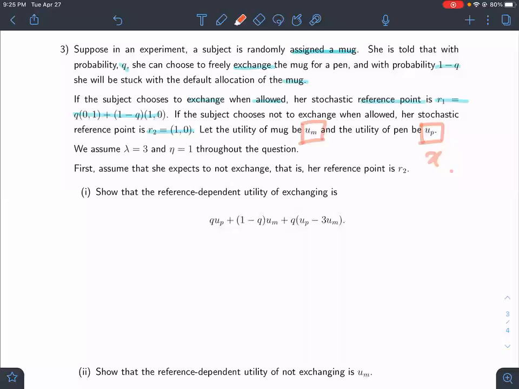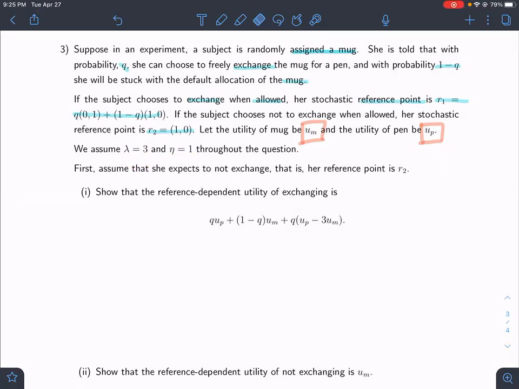But now you're not getting dollars. You're not selling it. You're just trading with the pen. And then in this question, we assume lambda equals 3. Okay, so this is for the loss, and eta equals 1. So eta is to account for the gain-loss utility overall.